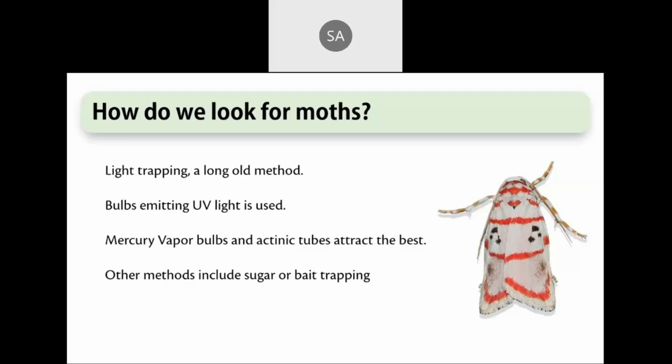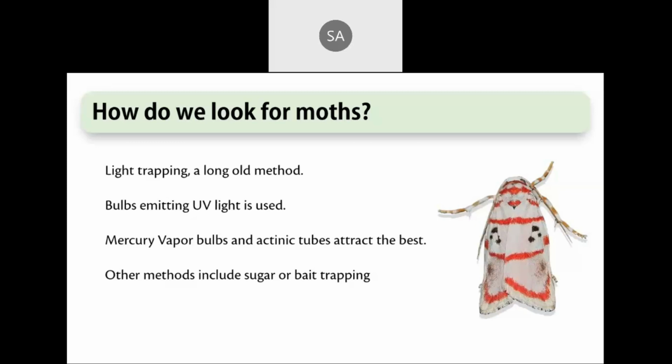We just need to watch the moths that are coming to light and going back again. We just take photographs. So what we do, we put sheets and the light in different kinds of places like forest, our backyard. One more bulb is there, mercury vapor bulbs. These emit mercury vapor like a UV lamp, and they attract the moths.